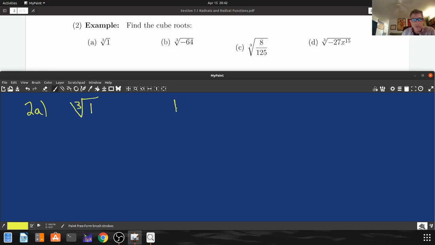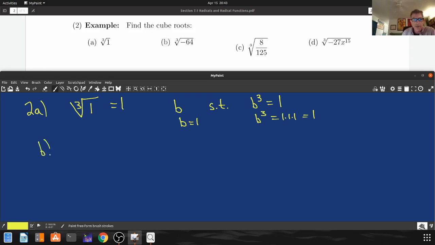So I'm looking for a b such that b cubed is equal to 1. Well, if I let b equal 1, then b cubed is equal to 1 times 1 times 1, which is equal to 1. So the cube root of 1 is just equal to 1.